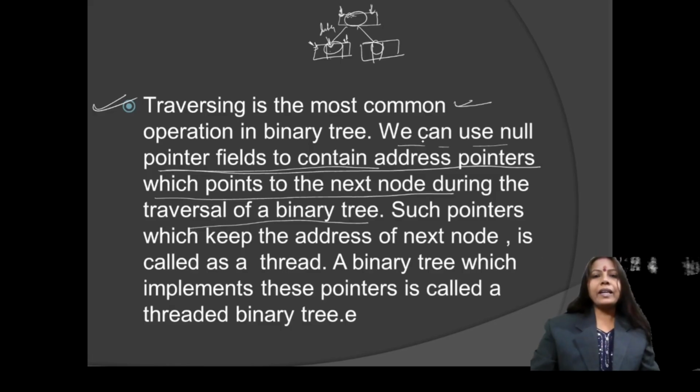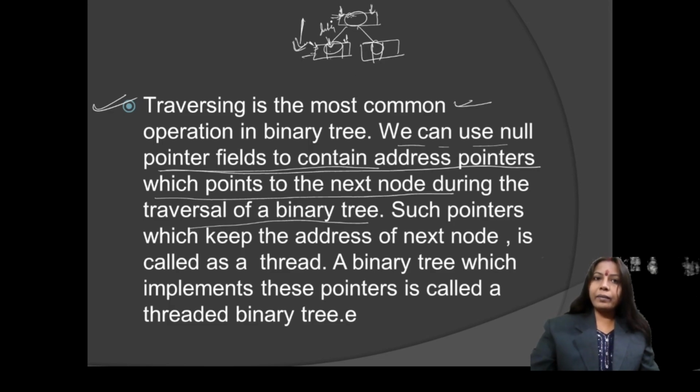So simply here I write: we can use this null pointer field to contain the address pointer which points to your next node during the traversal of a binary tree.